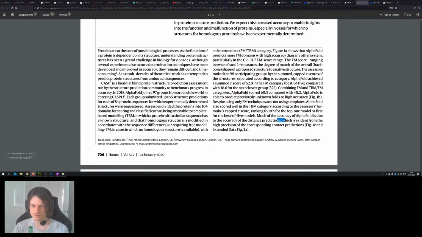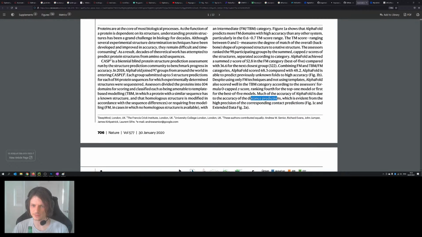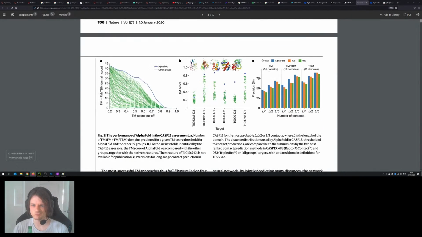Much of the accuracy of AlphaFold distance predictions is evident from the high precision. L1, L2, L1, L2, L5. Number of contacts. Oh, where the amino acid contacts the other one. Anyway, so the precision for AlphaFold. Yeah, that looks good.